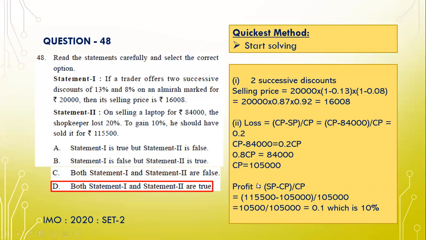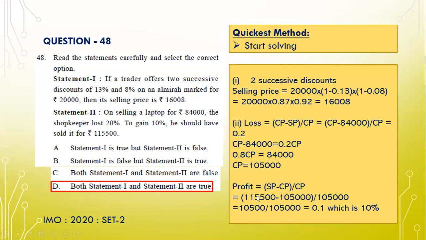So again, what is the selling price? Let's assume that the selling price is 115500. 115500 minus cost price 105000 upon cost price, which is 105000. 115500 minus 105000 is 10500.